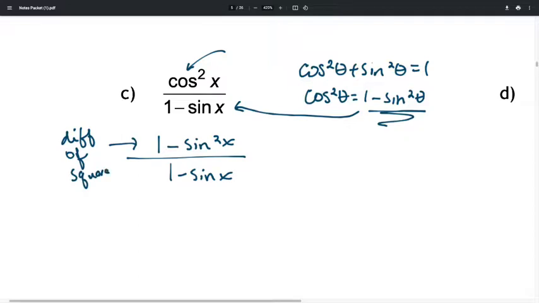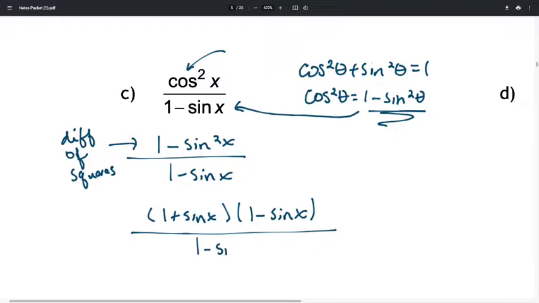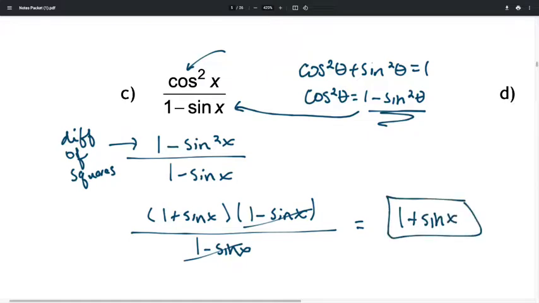And if I were to factor that, it would be 1 plus sine x times 1 minus sine x over that 1 minus sine x, which will cancel with that, so you're left with 1 plus sine x. So I ended up with two terms, but it's just one trig term. There's no fractions, so that's actually the simplified form right there.